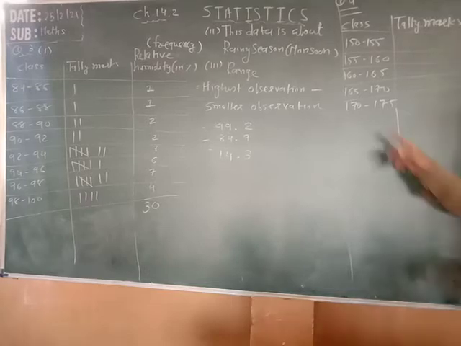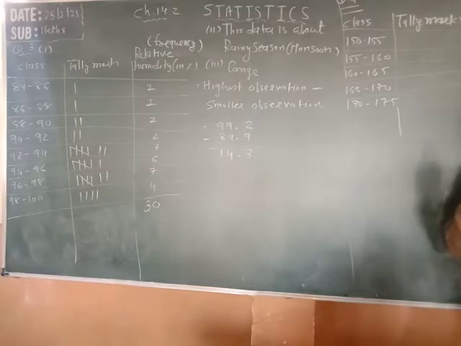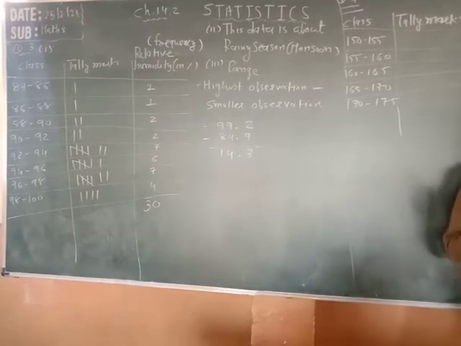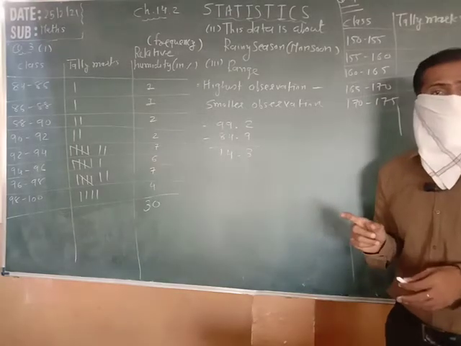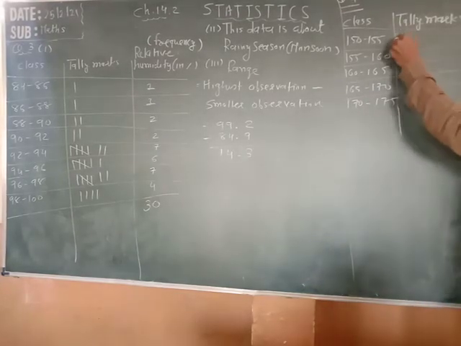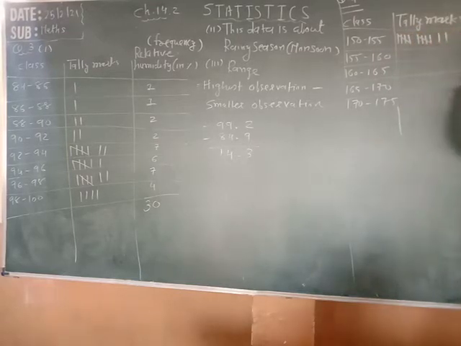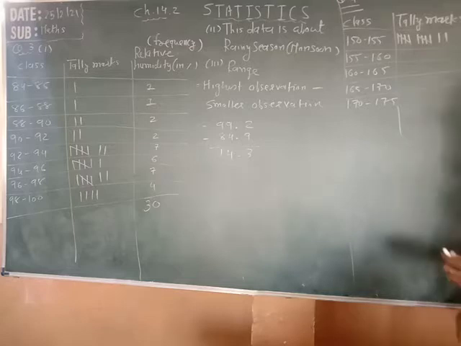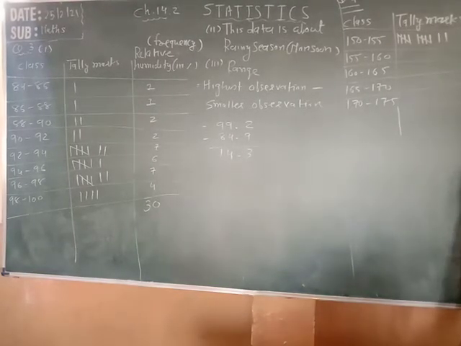From 150 to 154: 150, 151, 152, 153, 154. How many? 1, 2, 3, 4, 5, 6, 7, 8, 9, 10, 11, 12. Then 155 to 159. How many?